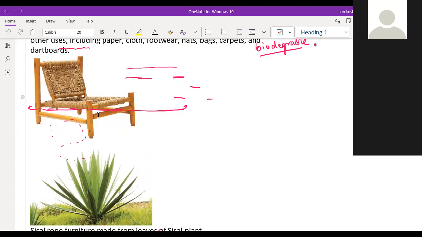Initially, jute is green in color and it is very hard to remove from the stem of the plant. But when you keep it for the retting process for 10 days or 15 days, what will happen? The jute fiber will come out of the stem of the plants, right? How the woman has plucked the jute fiber from the stem. Clear? Yes, sir.